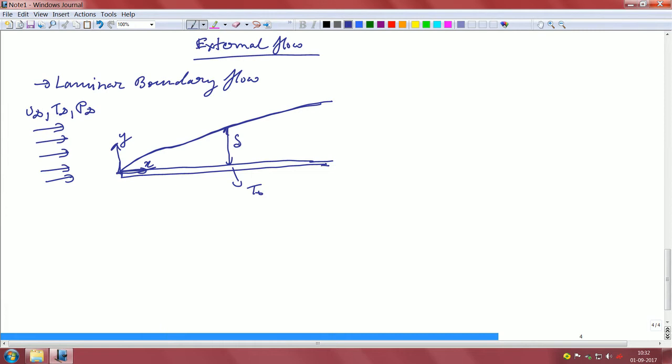This delta is some number, we do not know what that number is as of now. This is the distance over which the flow actually senses that there is a plate and the fluid slows down progressively. So, if you look at the typical velocity profile anywhere within the plate, what you will find is the following. Let us take this as the edge.